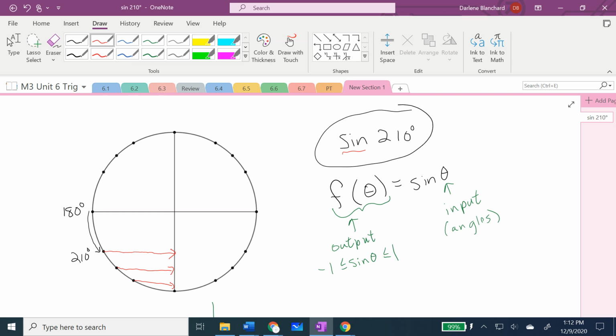As you go away from the origin, they are negative 1 over 2, negative root 2 over 2, and negative root 3 over 2, giving us a 1, 2, 3 as you go away from the origin. So 210 is the first one we run into on the negative y-axis.